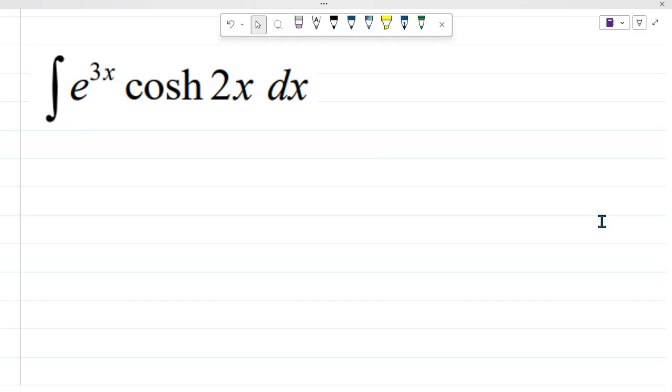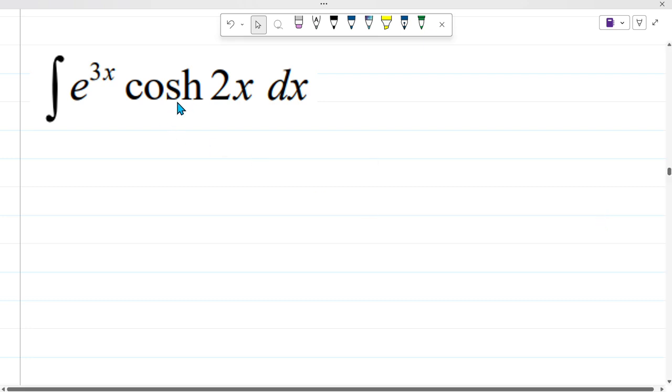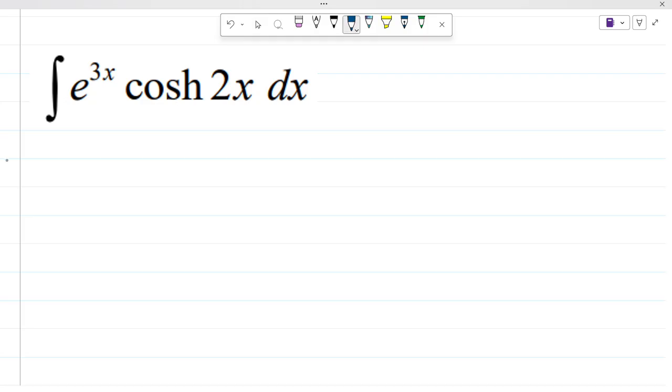Now we've got this type of question whereby we have an exponential function which multiplies a hyperbolic function. What do we do? We change the hyperbolic function to its equivalent from its definition. So we're going to have this e to the power of 3x which multiplies this, which we change to its definition, e to the power 2x.